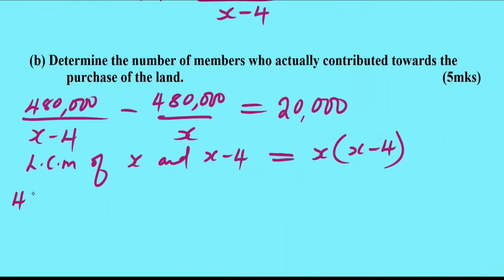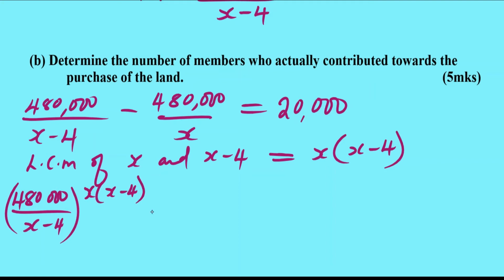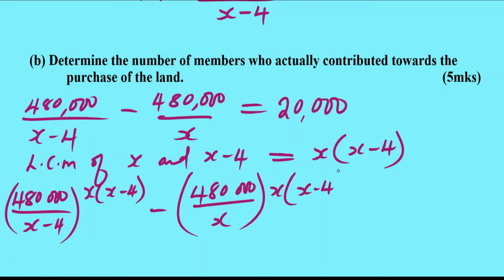So we have 480,000 divided by X minus 4, multiplied by X times X minus 4, minus 480,000 divided by X, everything multiplied by X times X minus 4, is equal to 20,000 multiplied by X times X minus 4. So that is what we need to work out.